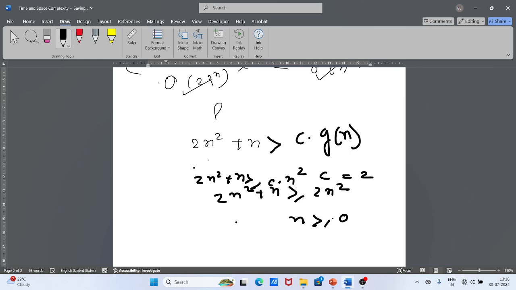So for n greater than or equal to 0, this equation is always true. So basically big omega is used for the best case, and it provides the lower bound.